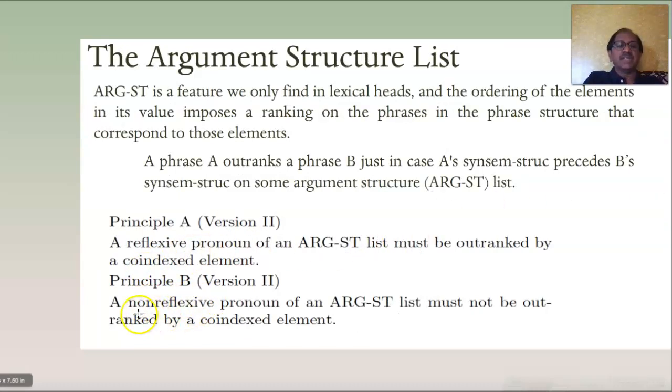Principle B can be changed to: a non-reflexive pronoun of an argument structure list must not be outranked by a co-indexed element. Here it is must be outranked. Here we are saying must not be outranked, so that we get the complementarity between reflexive pronouns and non-reflexive pronouns. So what have we looked at in this video?